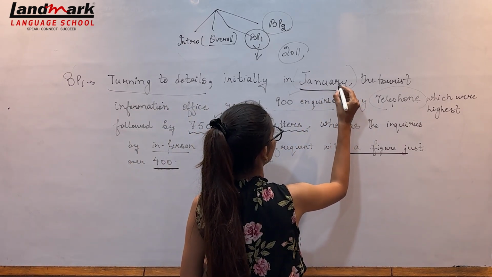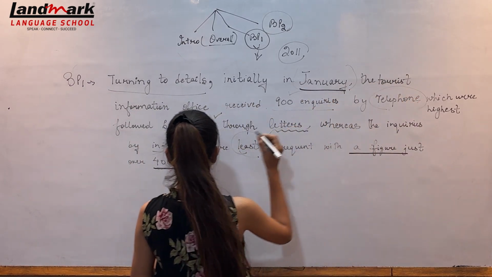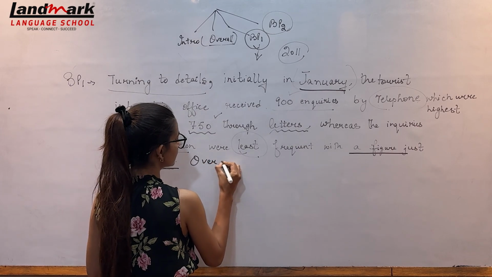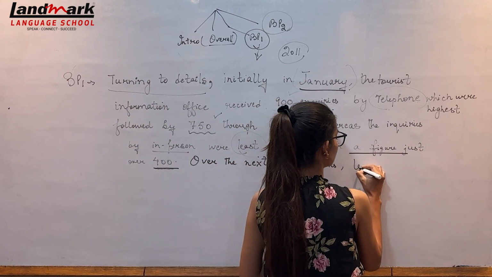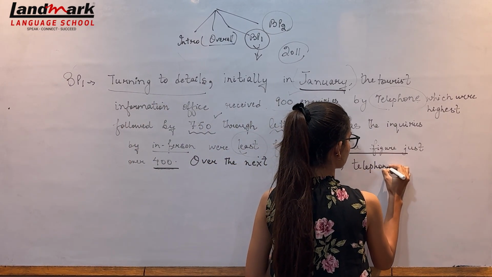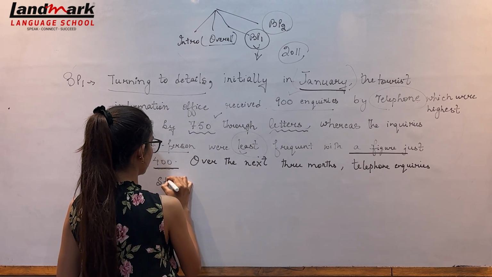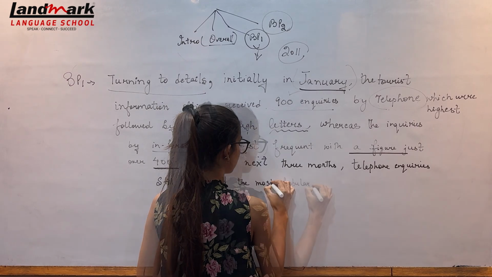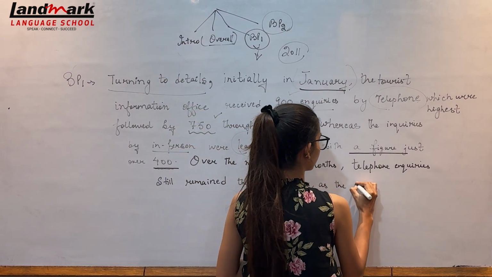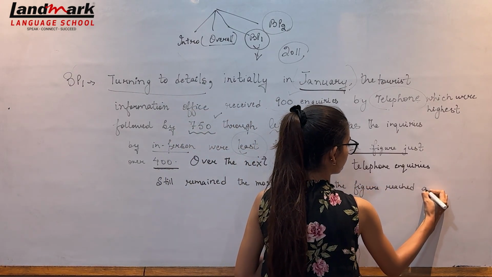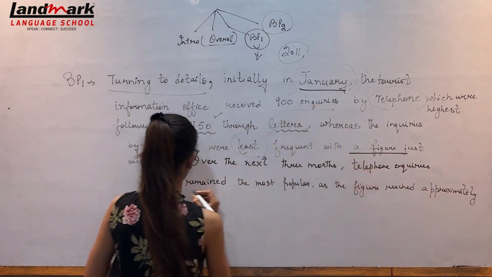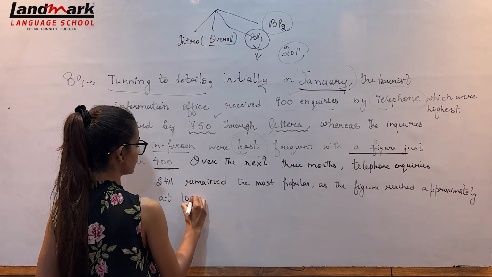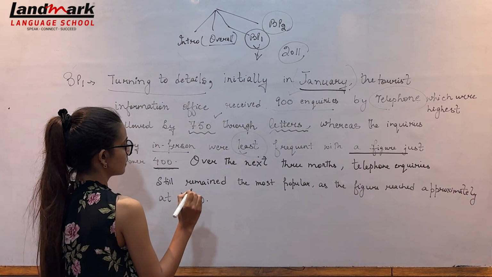So after this, like January, February, March, over the next 3 months, telephone inquiries still remained the most popular, as the figure reached approximately 1000.